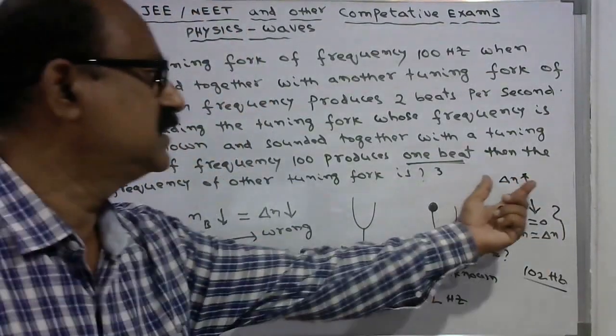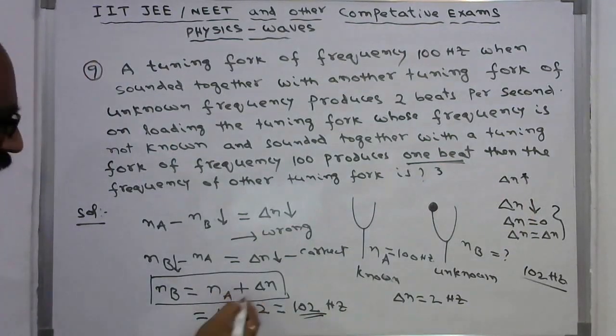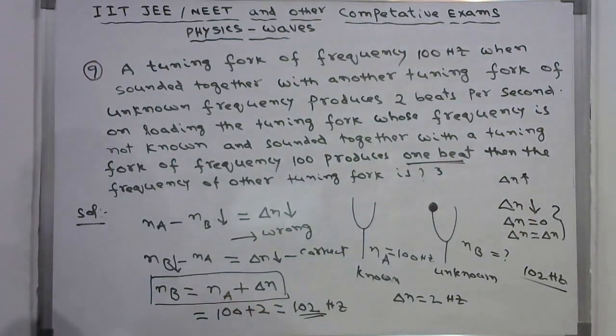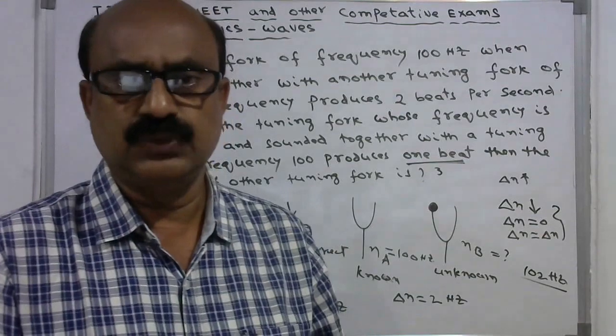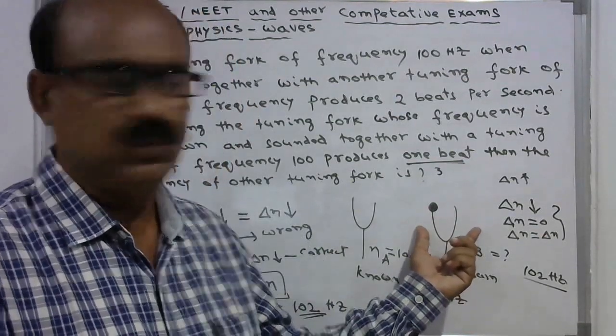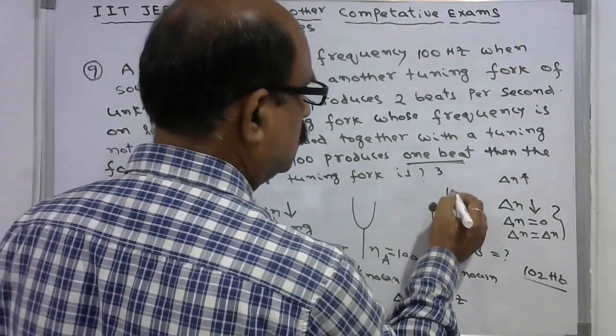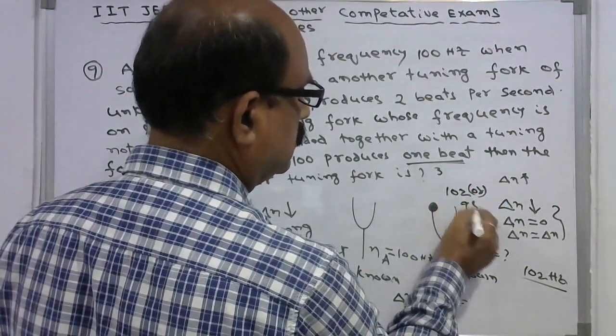If delta N is raised, you have to write down here minus. Then you will get 98 Hz. These are the two cases. The unknown frequency may be 102 or 98.